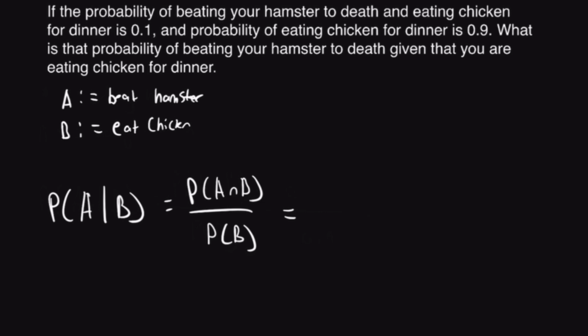The probability of A and B, it says it is 0.1, and then the probability of having chicken for dinner, or B, is 0.9. So you can plug this in a calculator and you'll see the answer is 0.1 repeating, or around 11%.